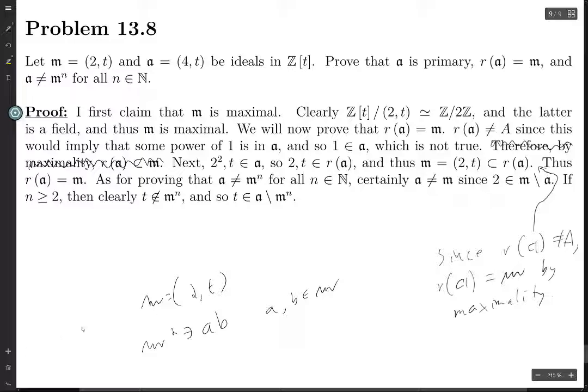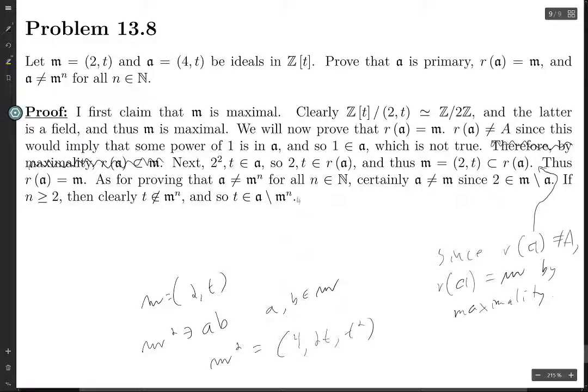So a and b, each of these could be generated by 2 and t. So at minimum, you could say that a is 2 or t, and b is 2 or t. So you could basically say that m squared is the ideal generated by 2 times 2, which is 4, then 2t, then t squared.